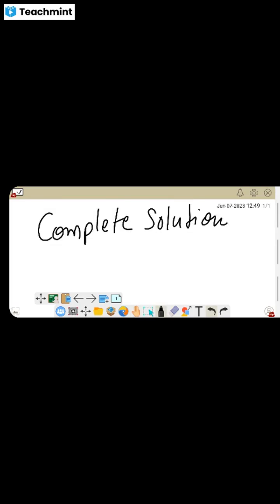The complete solution y is equal to yc plus yp. Here you can write capital Y also, or you can use small y, any one of them. You should not be confused, because we are taking y here, so how can we take this y again?